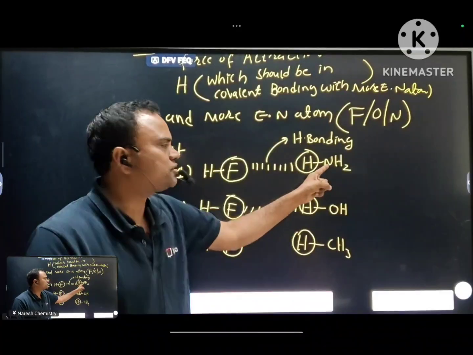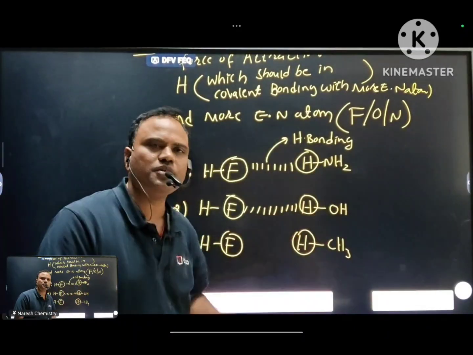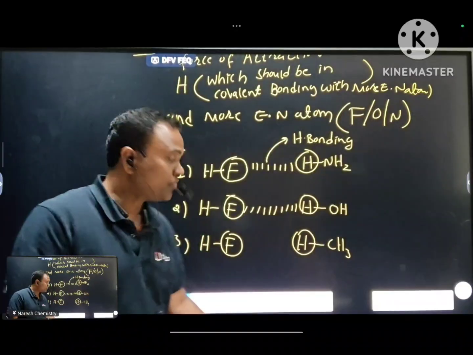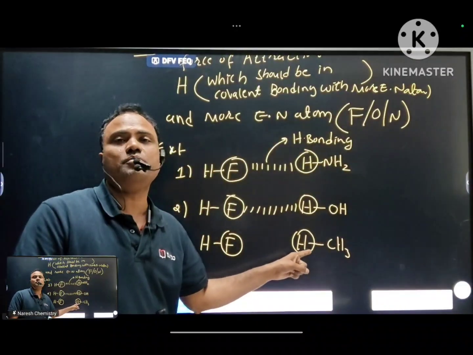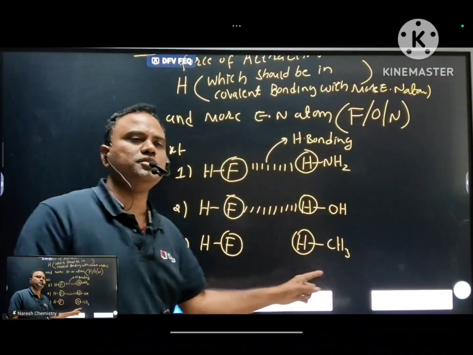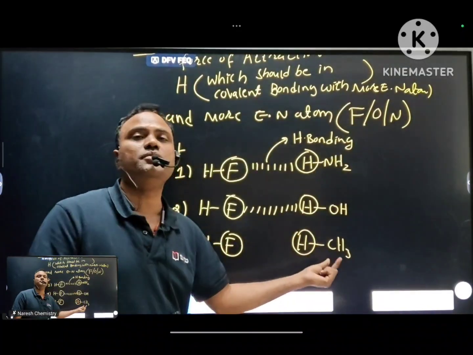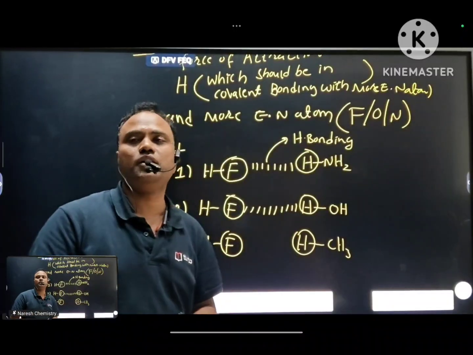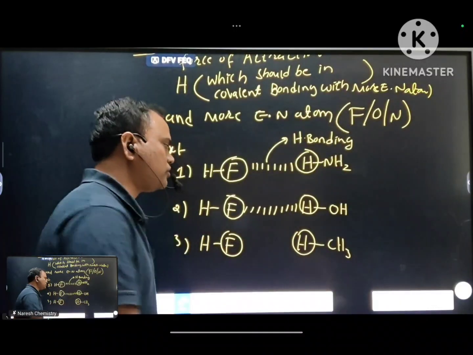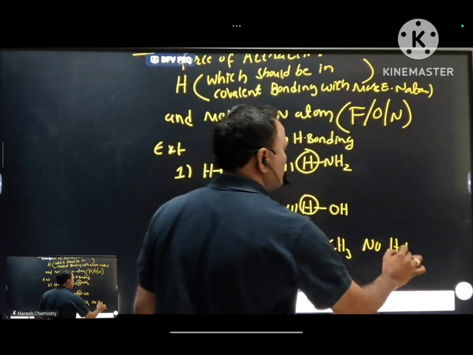Here, hydrogen is present on more electronegative atom. But here, hydrogen is not present on more electronegative atom. Of course, hydrogen is present and more electronegative fluorine is present, but here hydrogen is present on less electronegative atom, carbon. So here, hydrogen bonding does not take place. No H bonding.